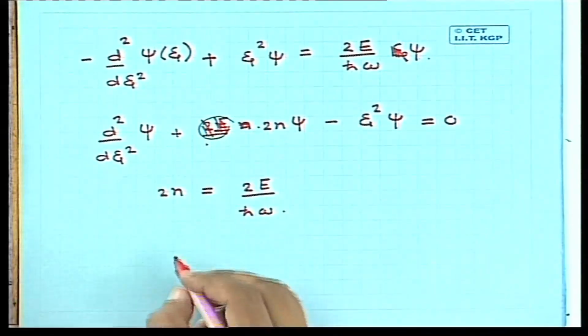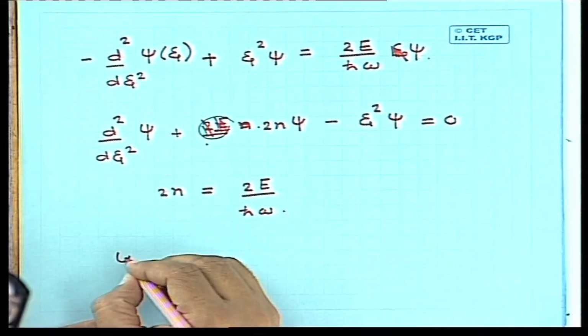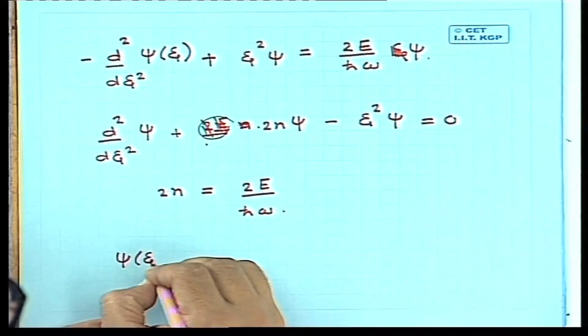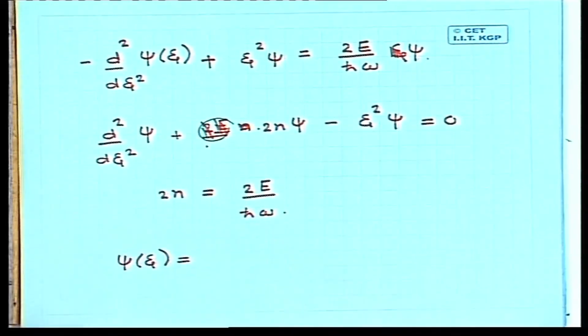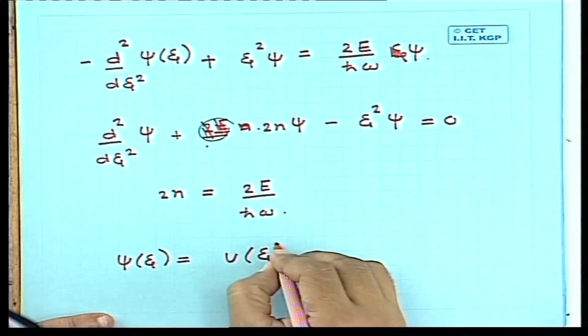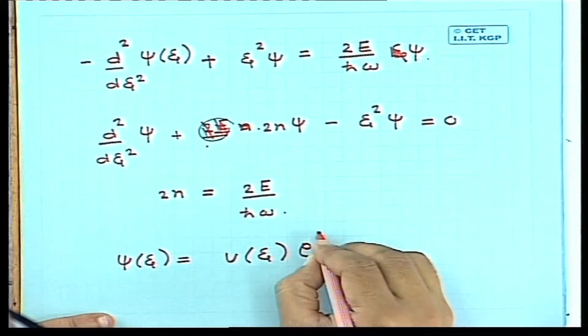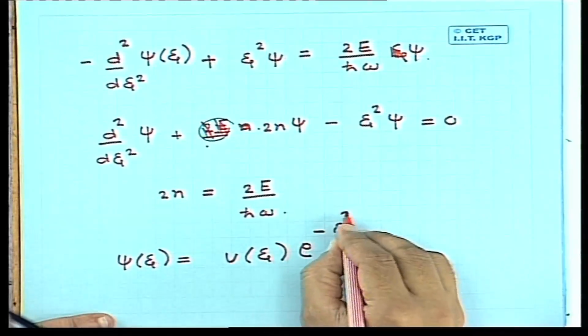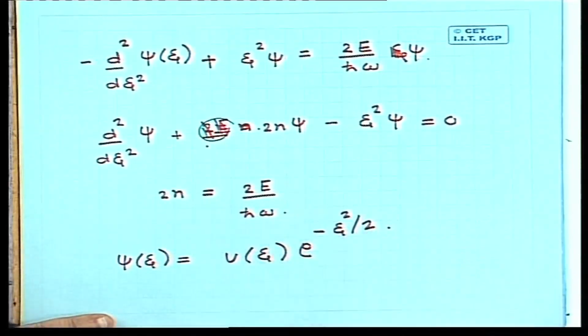Now let us choose a trial form of the solution psi, which is some function of xi, let us call it v of xi, into e to the power minus xi square by 2.